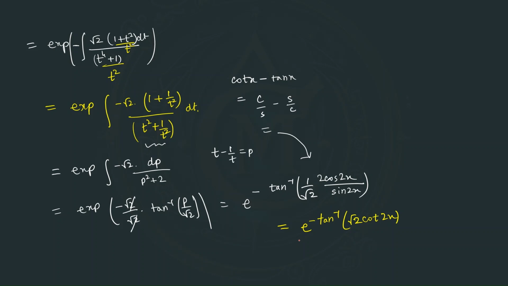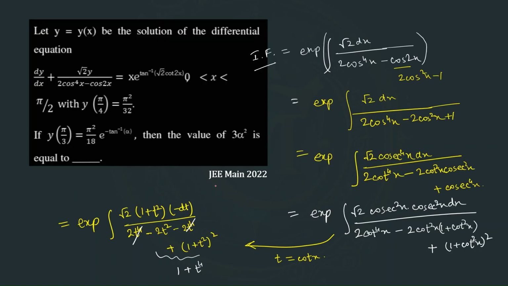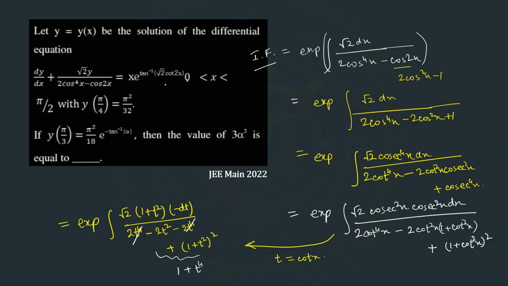Now what will be the solution of this differential equation? The solution will be simply y times integrating factor, so which is e to the power minus tan inverse, this is root 2 cot 2x, is equal to integral of this function times integrating factor plus integration constant.